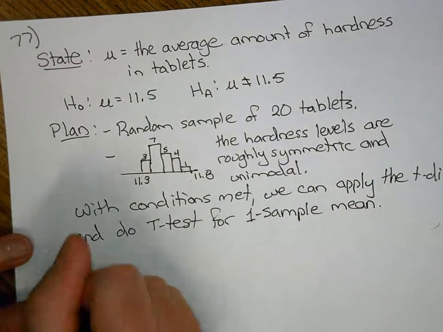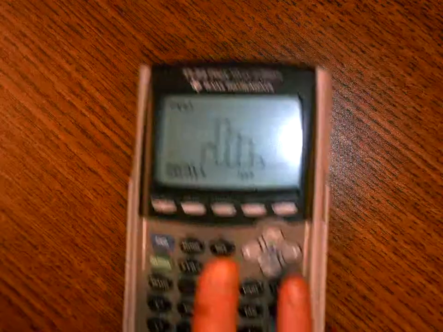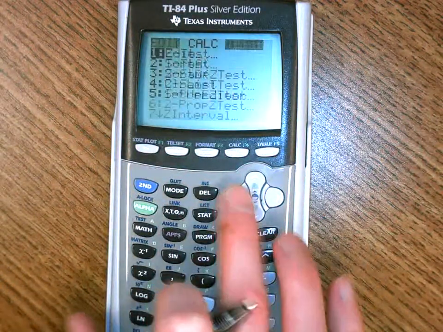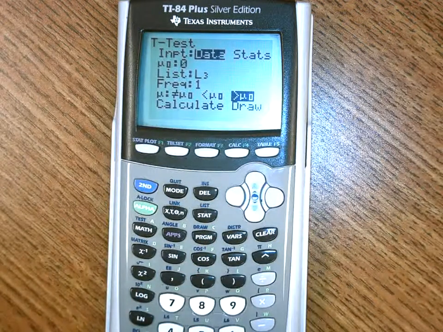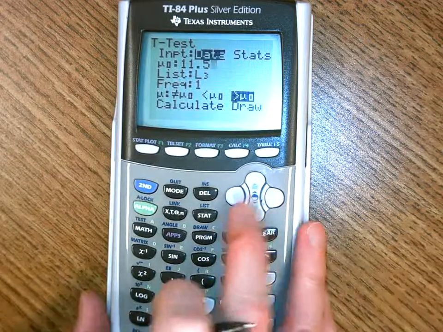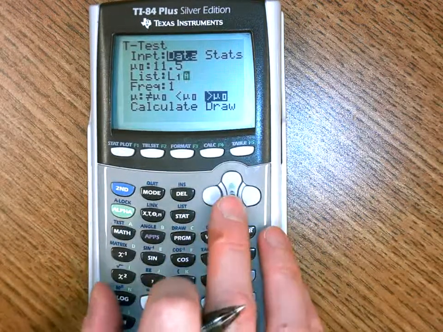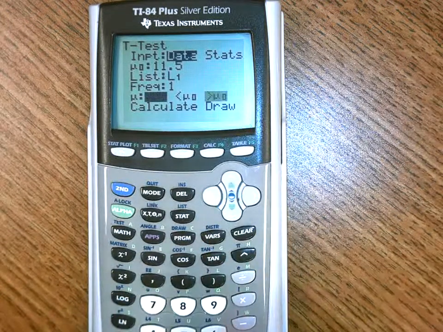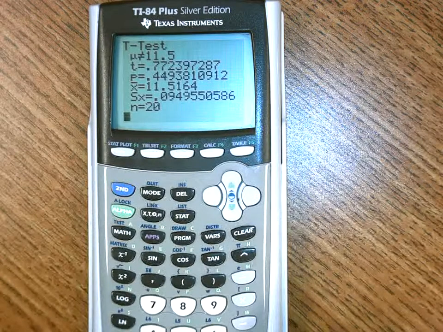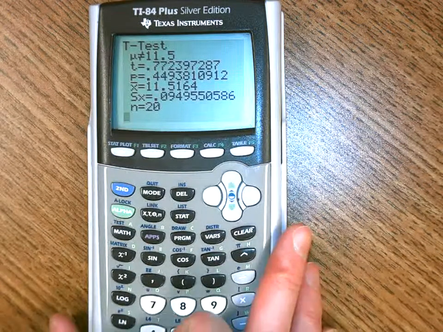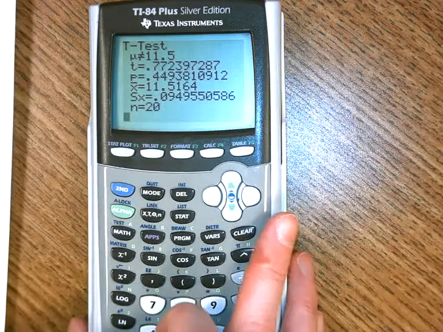So the do, I'm going to go to my calculator, run the test. Got my data. I'm looking for it to be 11.5 for the mu sub 0. My data is back in L1, and I'm looking for not equal to, so calculate. There it is, 0.772 is my t-score. P-value is 0.449, so going to fail to reject.